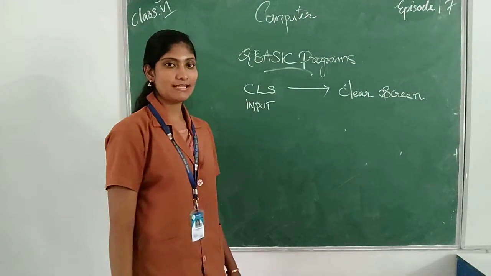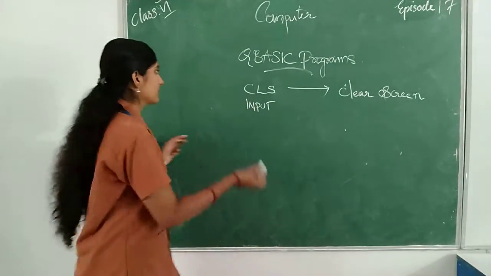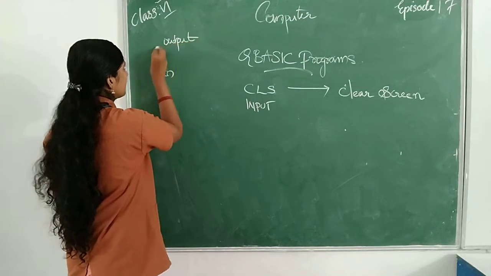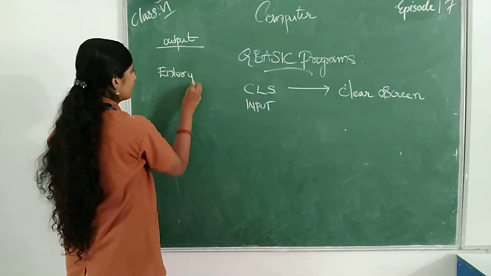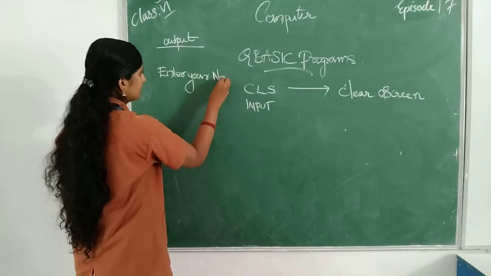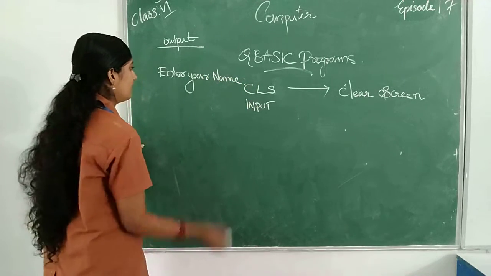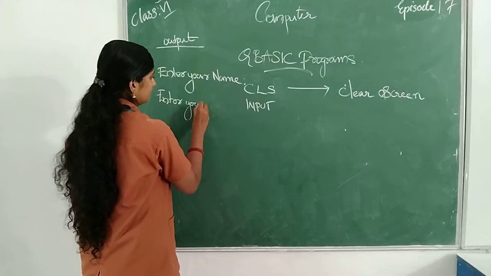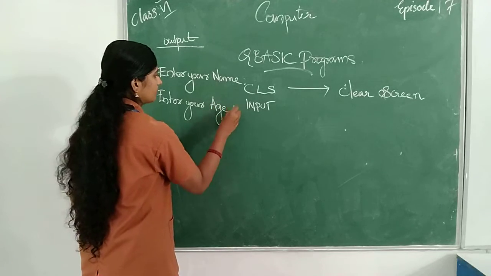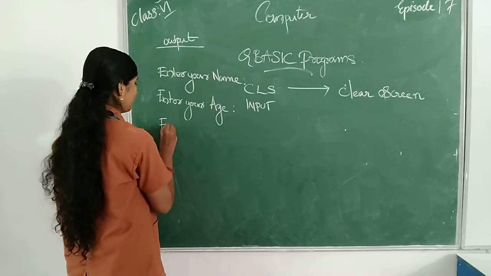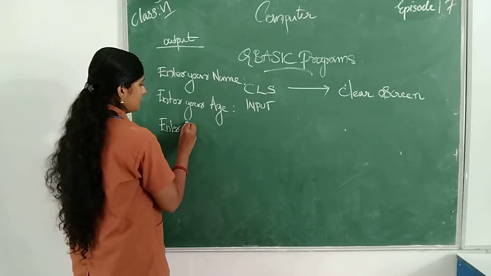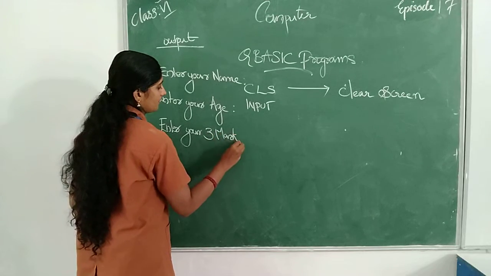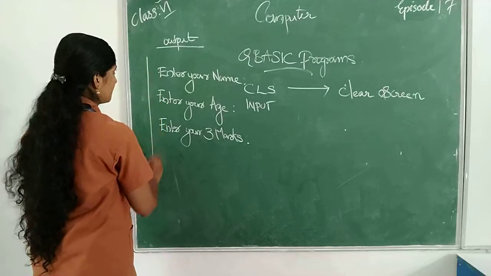We need to enter a name, so we need an output: Enter name, then enter your age, then enter your 3 marks. So this is our output.